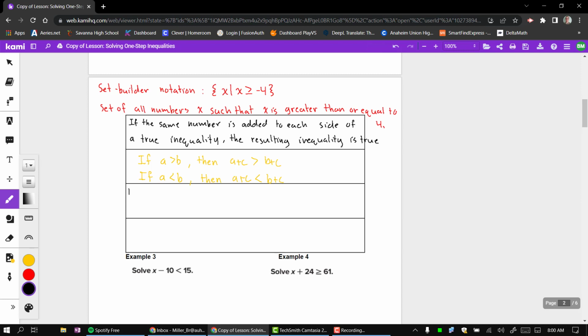Let's define another one. If the same number is subtracted from each side of a true inequality, the resulting inequality is also true.